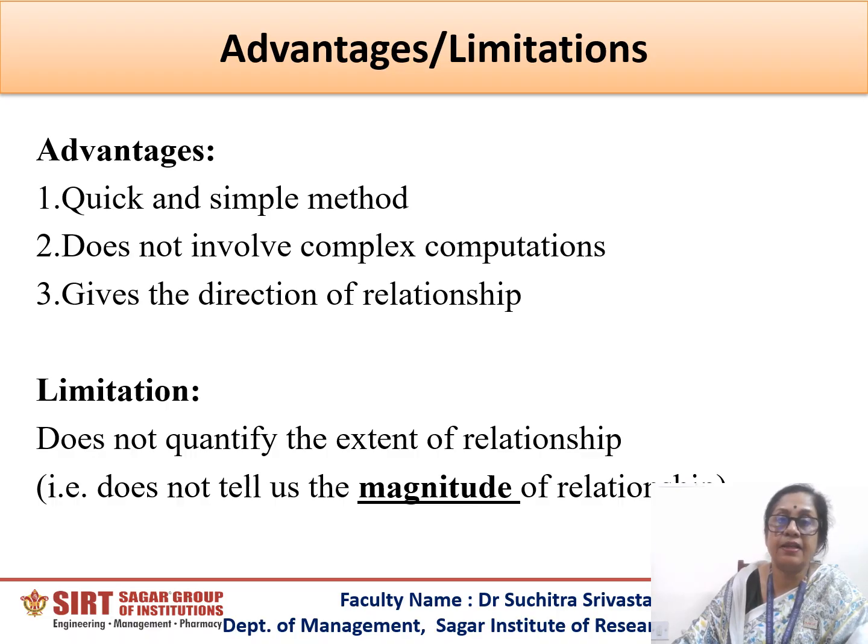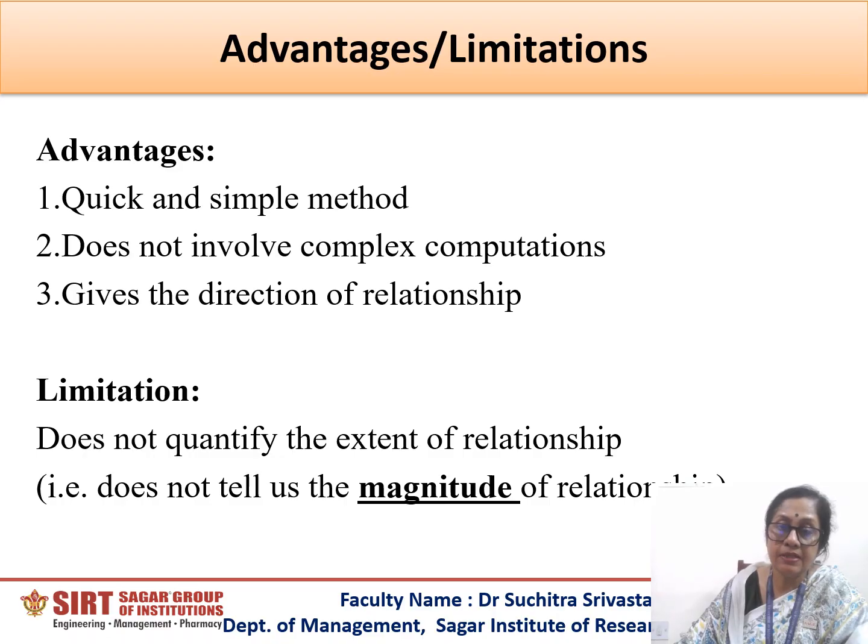Now the question arises: why should we go in for scatter diagrams, or why should we plot the graphs? What is it that we stand to gain if we plot the two variables? The first advantage is that this is a quick and simple method. Once we plot the graphs, we have a fair idea whether there is a positive relationship, a negative relationship, a curvilinear or non-linear relationship, or no relationship.